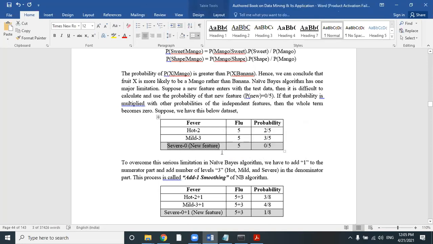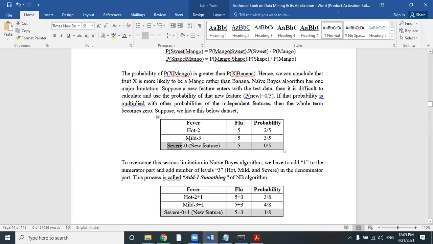Based on these new features coming into the testing data set, which are not present in the training data set. So severe is such a feature which was not present in the training data set. Training data set means the input data set you are taking, with which you are training your model. In that particular input data set this severe feature was not present, only the hot and mild features were present.